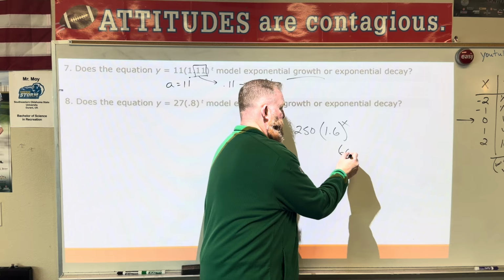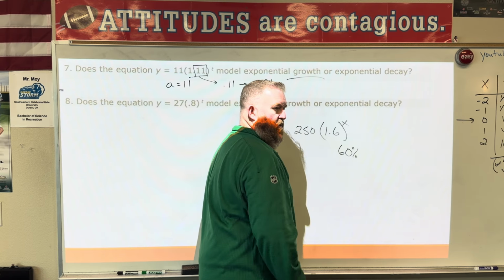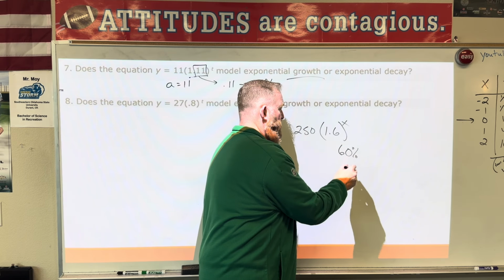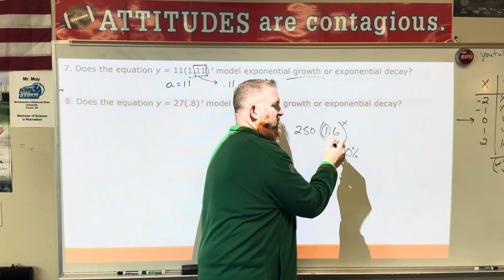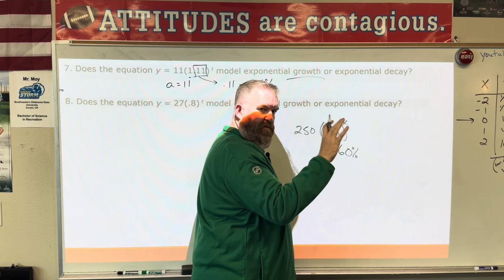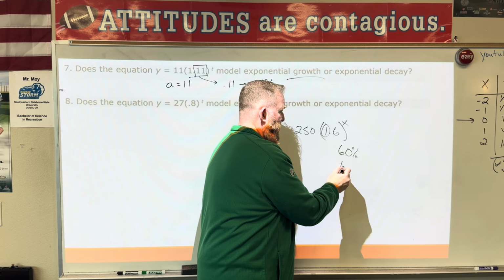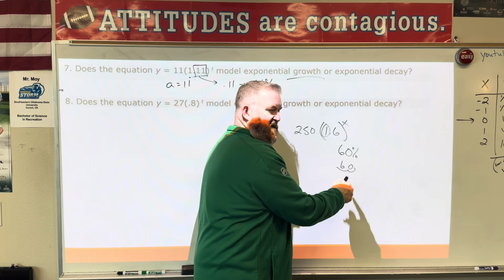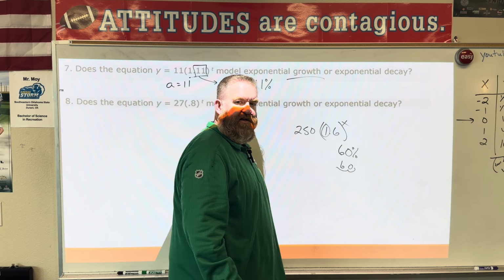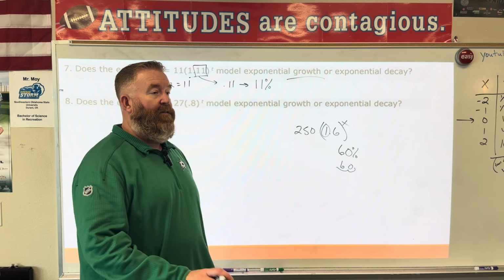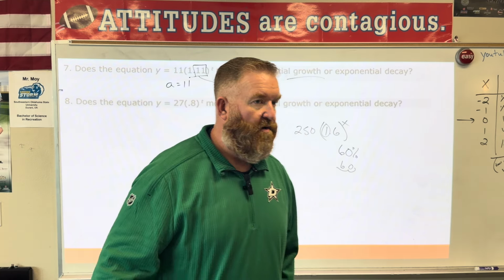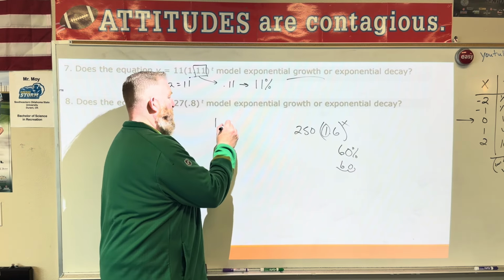This one's a 60% increase. You always move the decimal. We take the 1 off, because remember, the 1 is the growth. Take the 1 off and you have 0.6, and just move the decimal twice. 60. It's always twice. How many times do you move the decimal? Twice. So what if I did this?